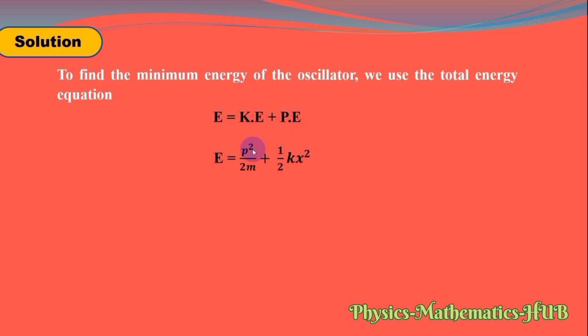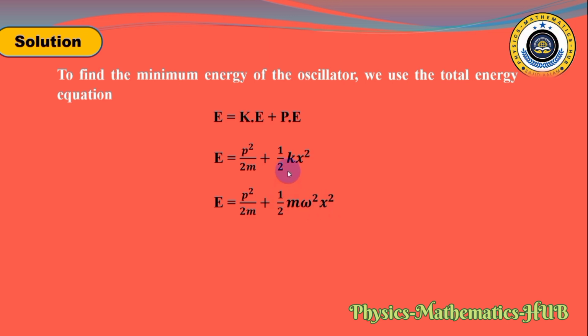Putting values of kinetic energy and potential energy, we get E is equal to P square divided by 2m plus 1 over 2 k x square. E is equal to P square divided by 2m plus 1 over 2 m omega square x square. Here we put the value of k, which is equal to m omega square.